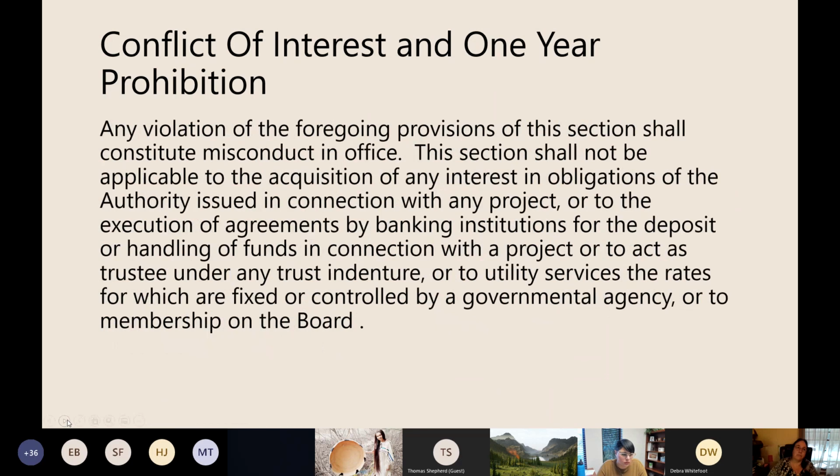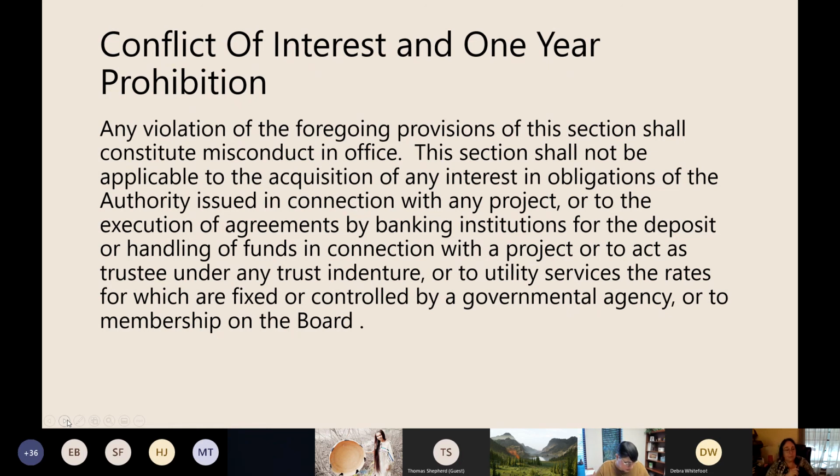That really takes effect if you're doing anything with land purchasing that any of your board members or staff or their family own. Any violation of those foregoing provisions of that section shall constitute misconduct in office. So that's what they would be charged with.